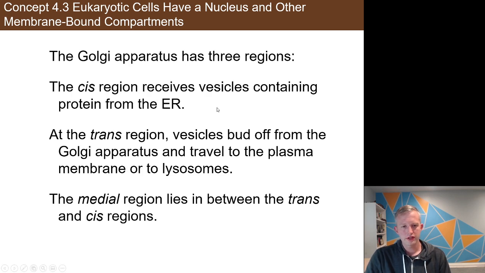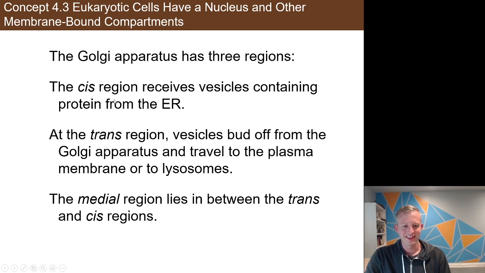So the Golgi does have three different regions, and we'll talk more about that in class in terms of the scope of this that does matter. We have the cis region, which is adjacent to the ER, the trans region in the middle, and then we have the medial region, which I'm sorry, I said that backwards. This is not in the order I wanted it.